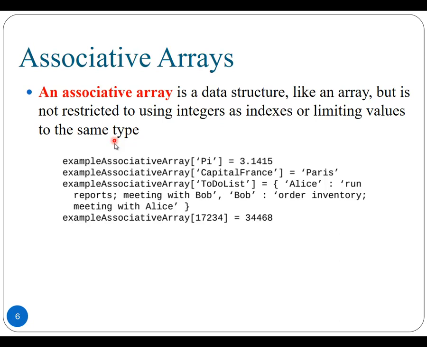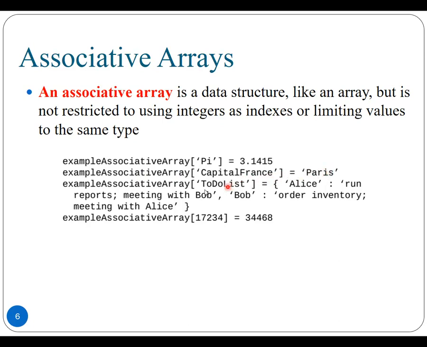For example, here, this example associative array is an array. Okay, this is an index, pi, and this is the value. For the second data, this is the index, capital France, and this is the value.